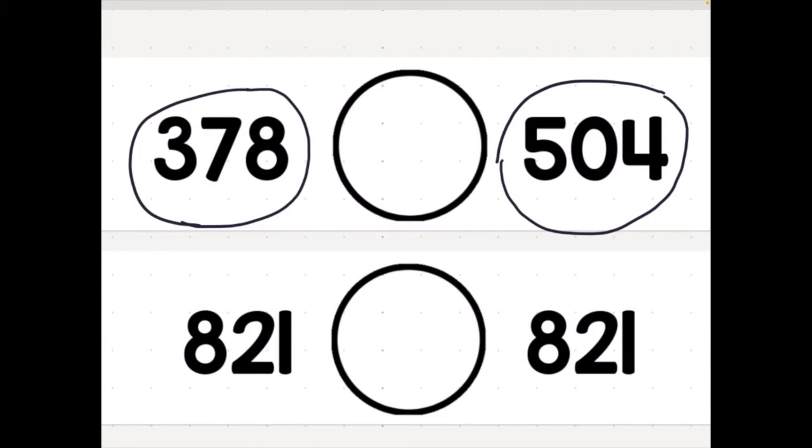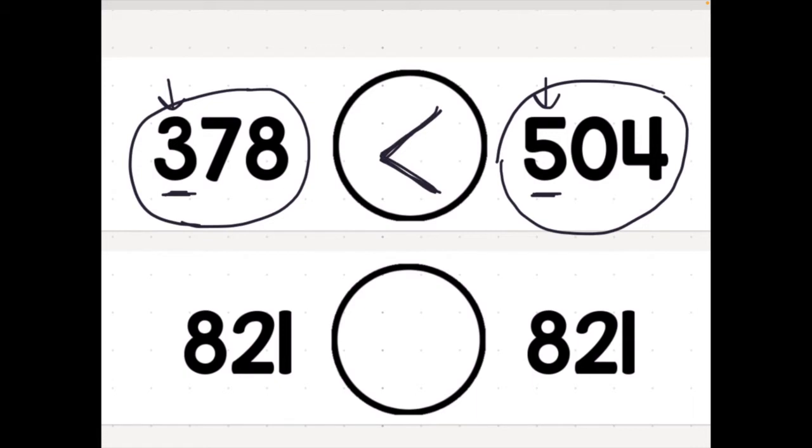Okay, so we're going to look at the first set over here at the hundreds place. We have 300s, and over here we have 500s. Now, which one of these is more? 300s or 500s? 500s is definitely more, so we can stop. We don't need to check the rest of that number. We can just go ahead and eat that number. 5 is definitely more than 3. Okay, go to the next one.